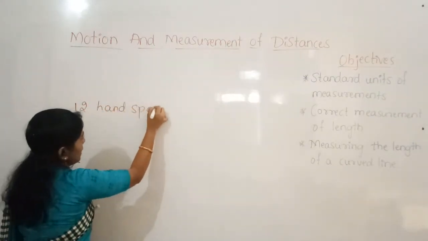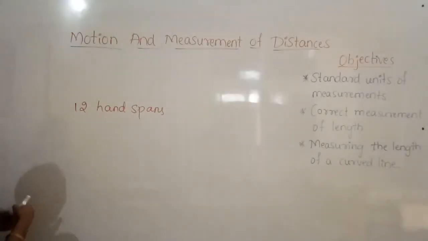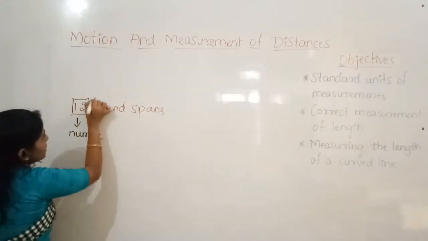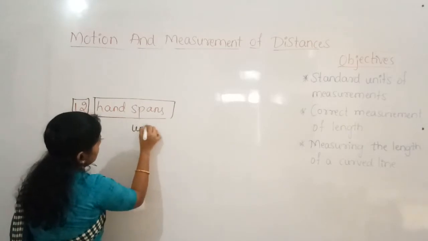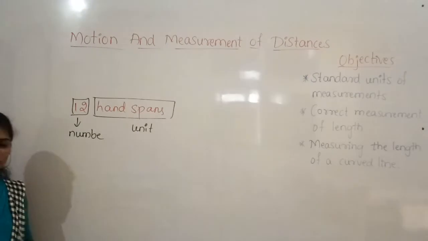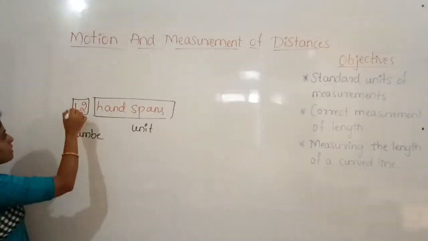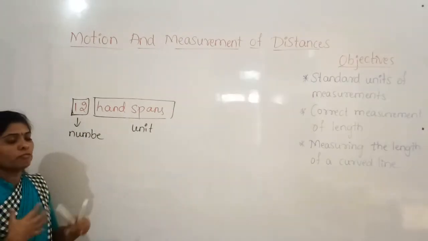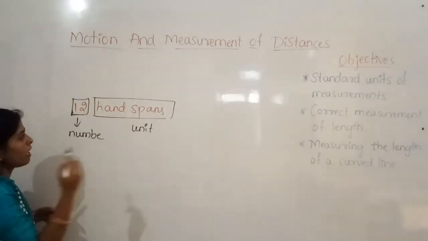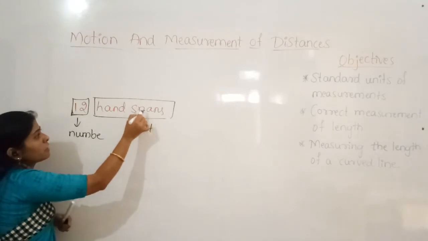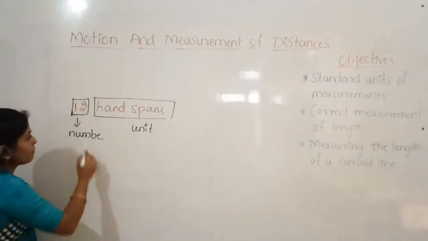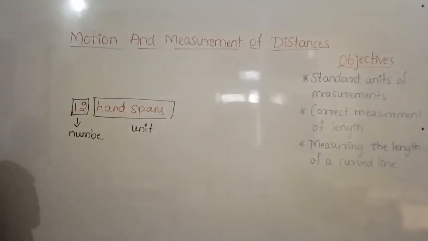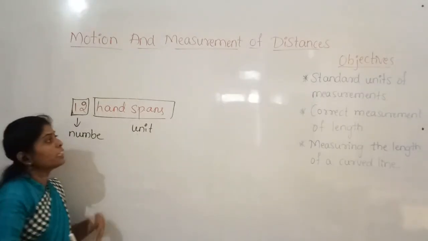If it measures 12 hand spans, then 12 hand spans is the width of the table. Likewise we used to measure in those days.